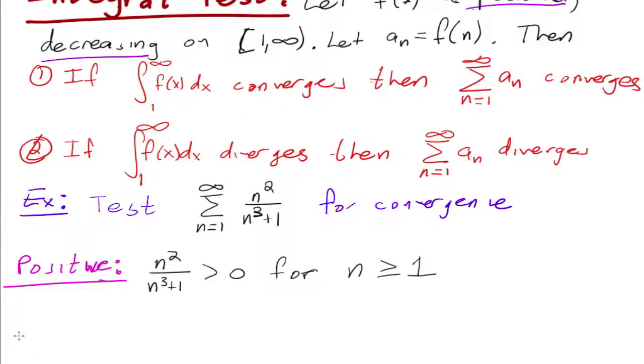is not as easy to show. You have to do a little bit more work, right? How many ways do we have to show that a sequence is decreasing? Two. What are they? Take the derivative. Okay, so you can either take the derivative; if the derivative is negative, then you know it's decreasing.